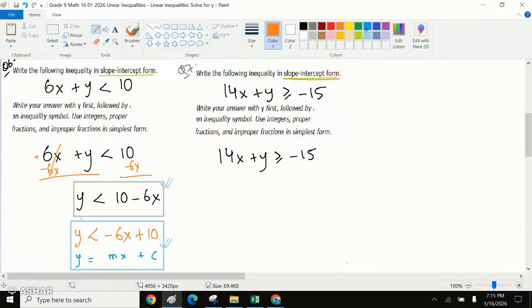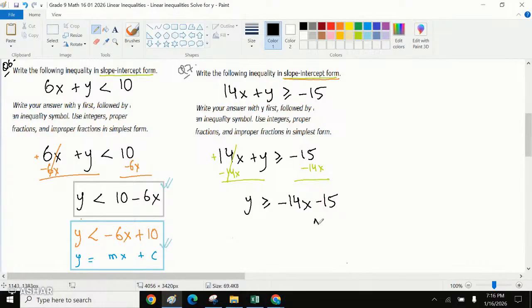Since it's a positive 14x over here, we subtract 14x on either sides. So we cancel this out. Can we write this as y is greater than or equal to, and we remember the rule, x variable comes before the constant, minus 15, because y is equal to mx plus c.